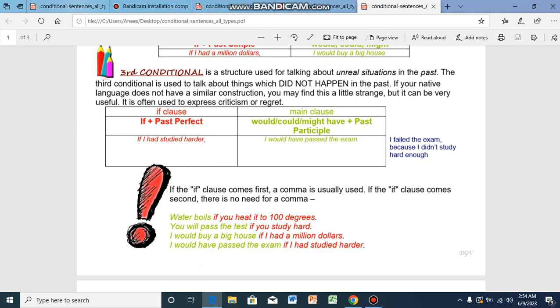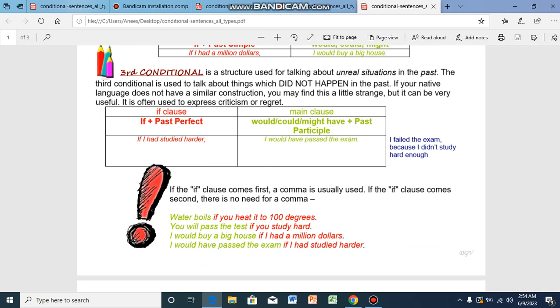It is often used to express criticism or regret. What does that mean? Criticism or regret is that something was possible in the past, but it didn't happen, right? So therefore you're criticizing either yourself or someone else, or you regret not doing that. You were able to do that, but you didn't do that.